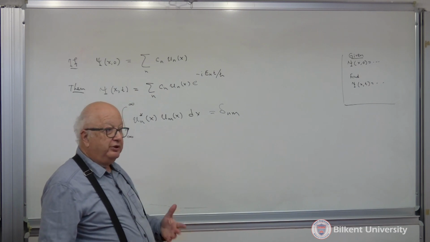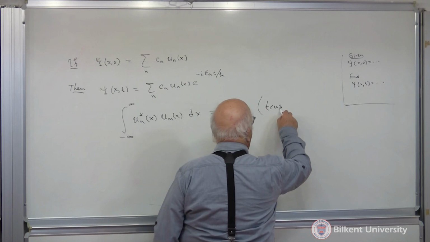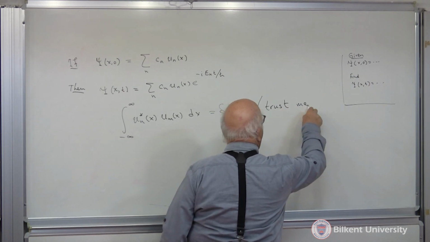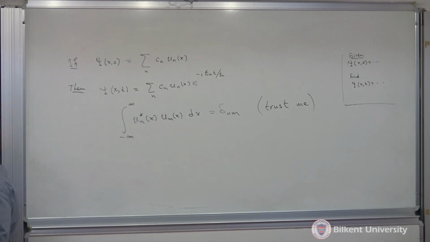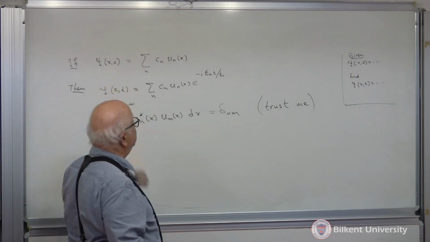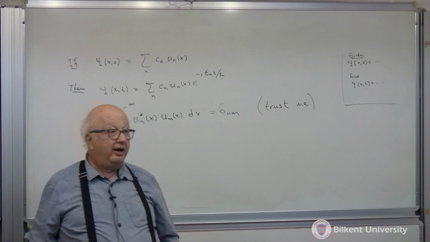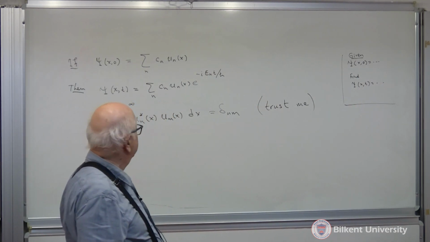We are going to prove it in the next chapter. So at this stage, the proof is, trust me. We'll show that. But what that means is now I can go over to this equation, and determine those coefficients using this orthogonality.